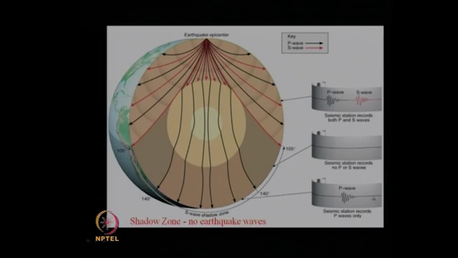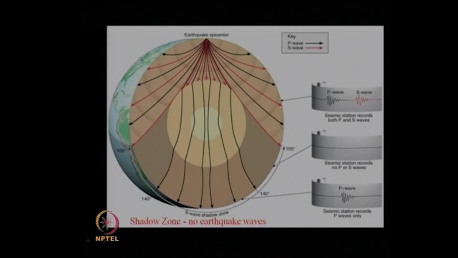That means they can automatically understand that they are probably staying in the S wave shadow zone, but not in the P wave shadow zone, of course, provided the recording instrument is still working after recording the P wave. That is the basic fundamental assumption.